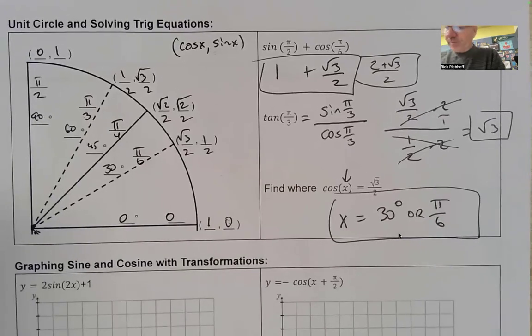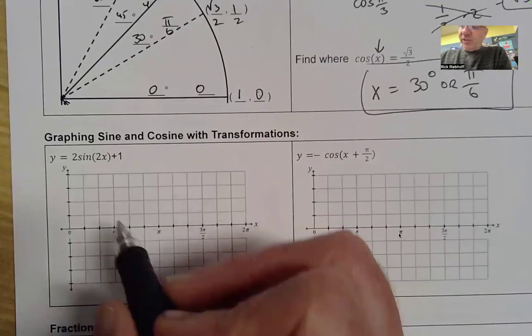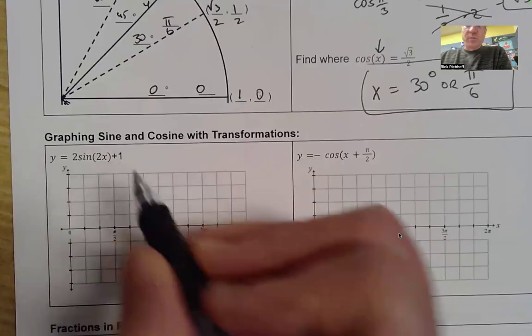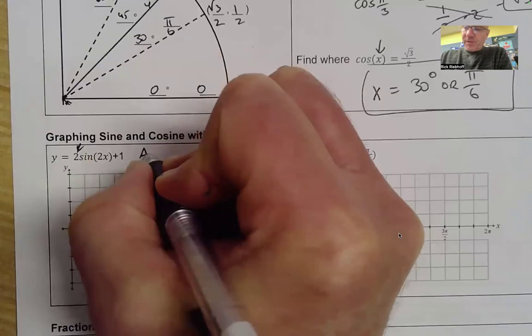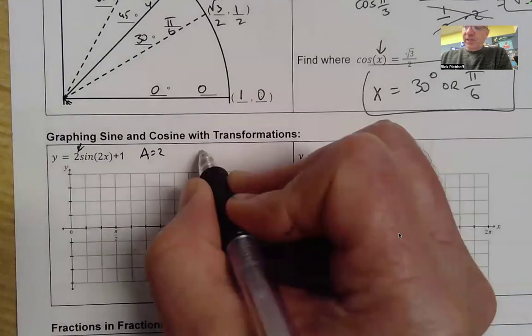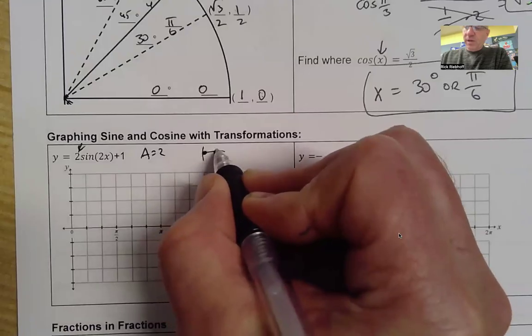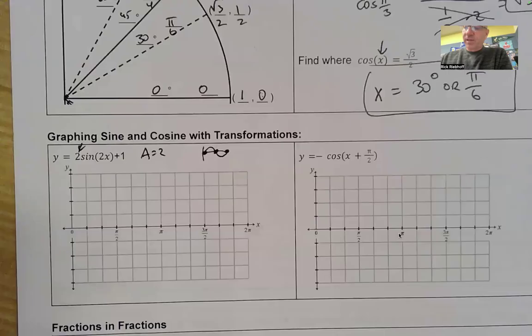Awesome. All right, graphing sine and cosine with transformations. So 2 sine 2x plus 1. There are 3 different transformations. The first one is amplitude equal to 2. It's a sine wave, so it starts in the middle, goes back to the middle, and ends in the middle. It goes up first, down second.